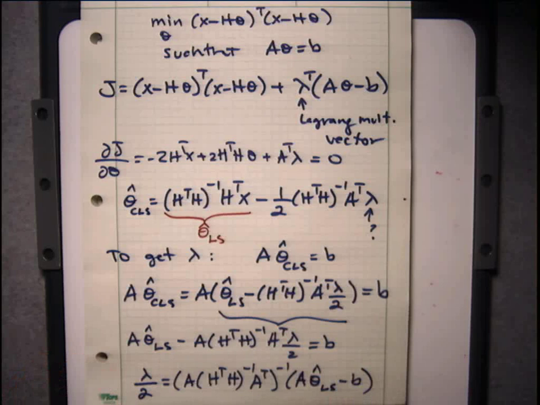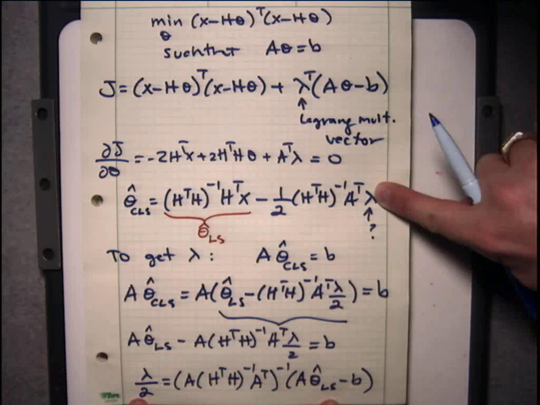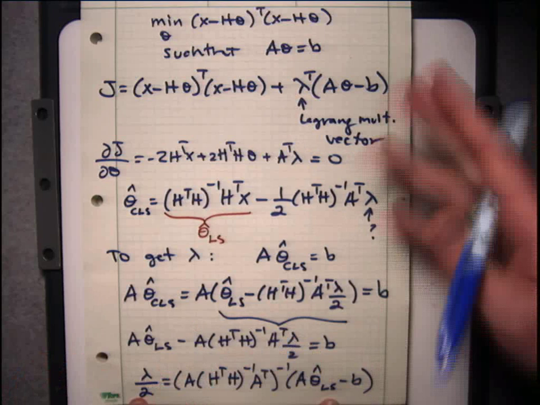Okay? So now I've got the constraint. All I have to do is take this and plug it in here. Sorry, I have the Lagrange multiplier. I plug it in here and I'm done. So let's write it down.